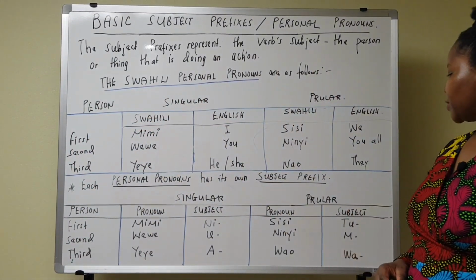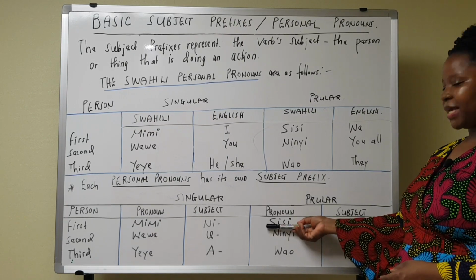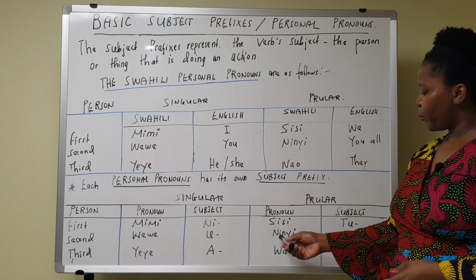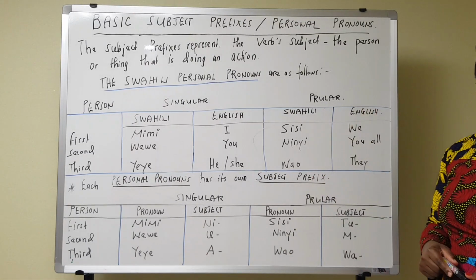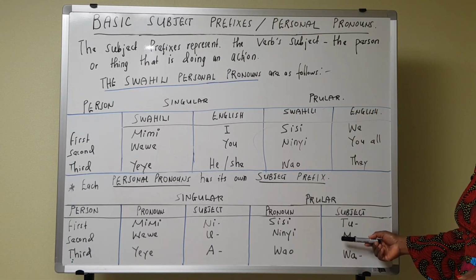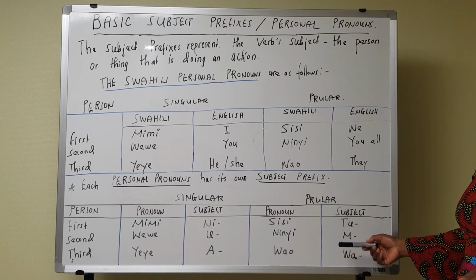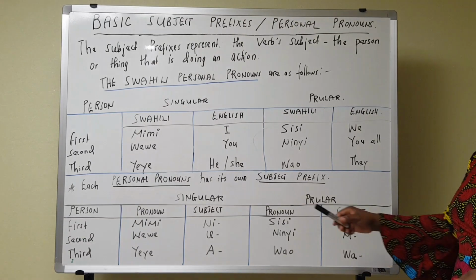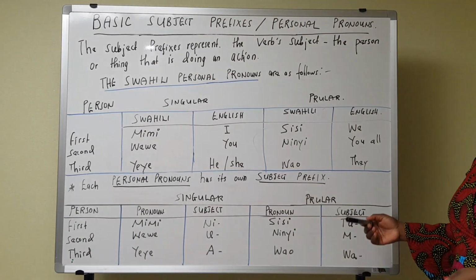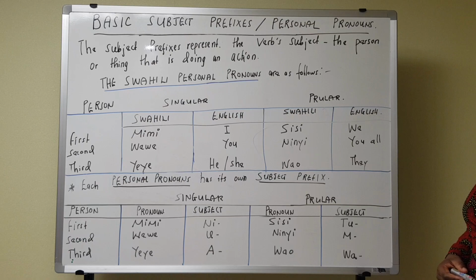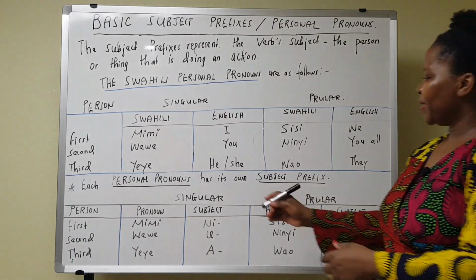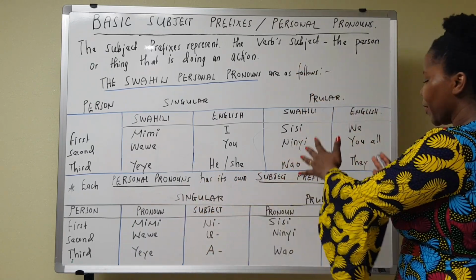The subject prefix of personal pronoun Sisi is tu. And the subject prefix of personal pronoun Ninyi is m. And the subject prefix of personal pronoun Wao is wa. Okay? Are we together? So this is the singular form and this is the plural form.